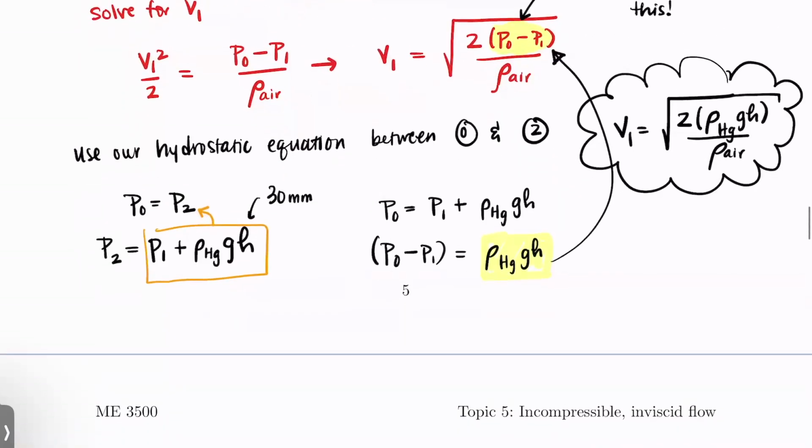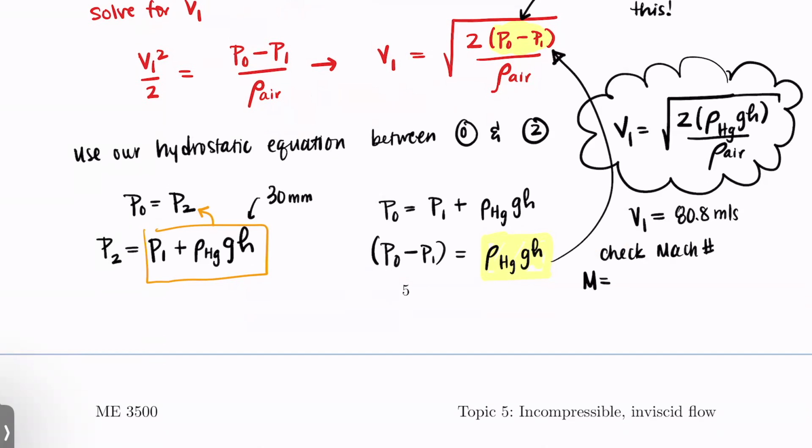Okay, when we do problems like this, it's always a good idea to go back and check, now that we have the velocity, what the Mach number is to make sure it wasn't actually compressible. So when we plug in our values for this problem, we get that the velocity is 80.8 meters per second. So we're going to check our Mach number.